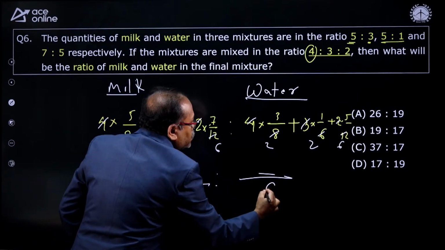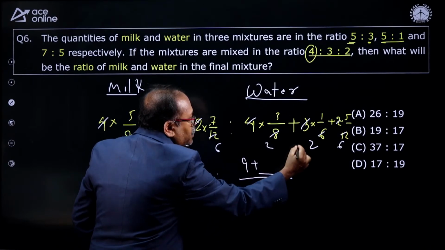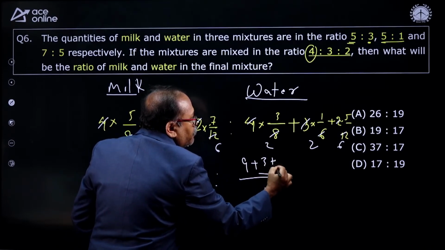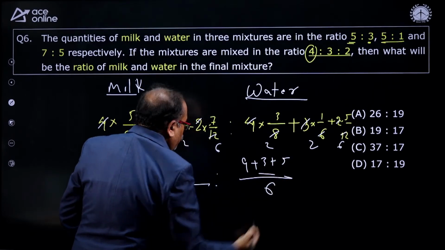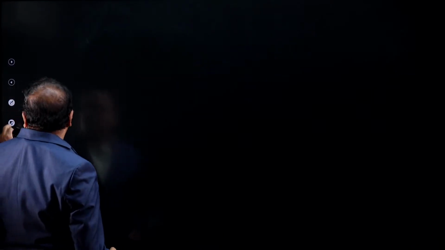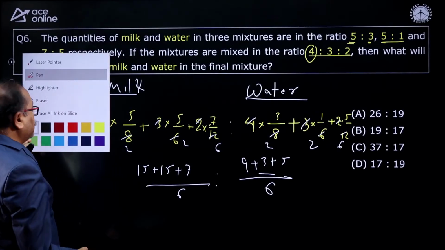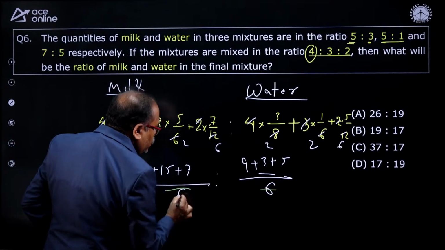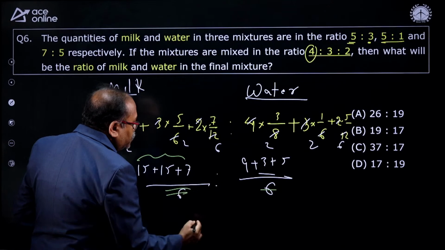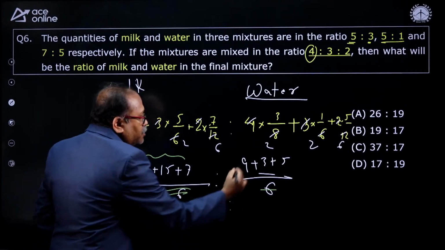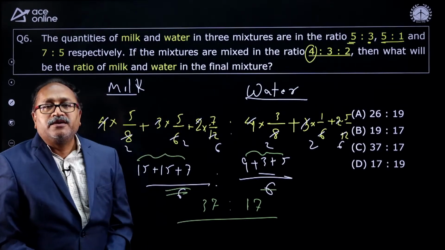Here the LCM is 6, and then 2 into 3, 3 into 3 is 9, plus 2 into 3, and plus that comes how much? 5. So as the numerator and denominator values are common, eliminate this in order to get the ratio. Aman, Sai, so I get this as 37 over here and I get 17 over here. This should be my answer.